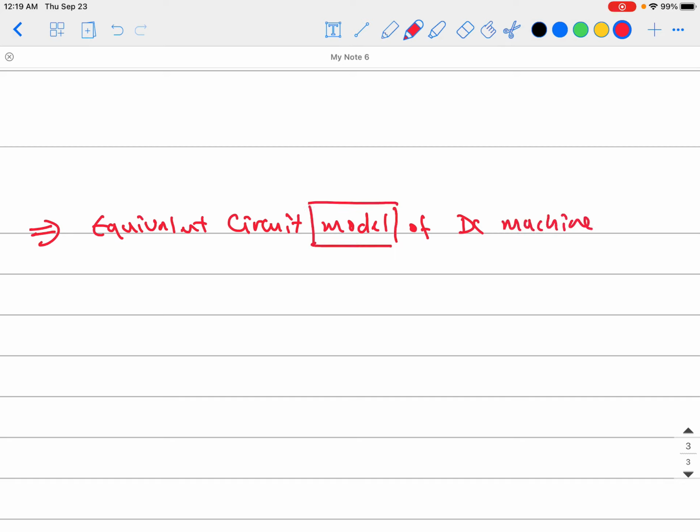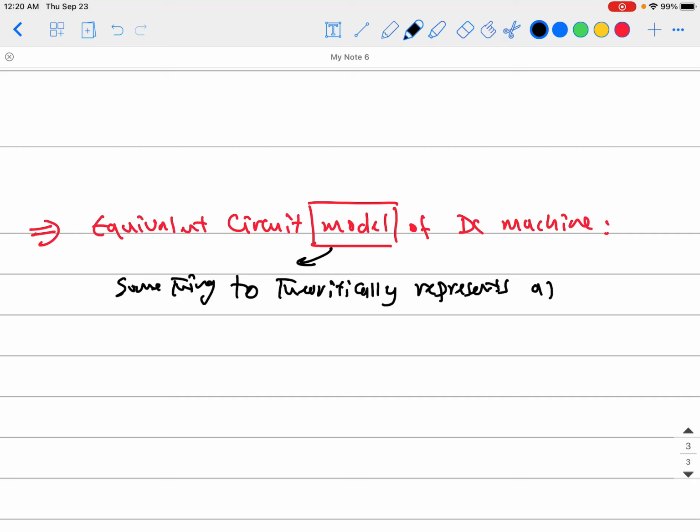I will put a square around this, okay? What do I mean by models? The model is something to theoretically represent a physical system.